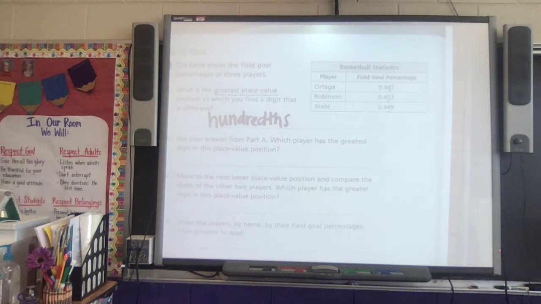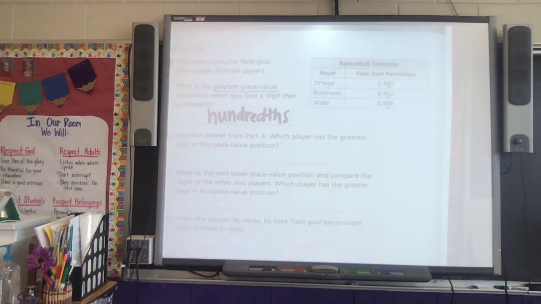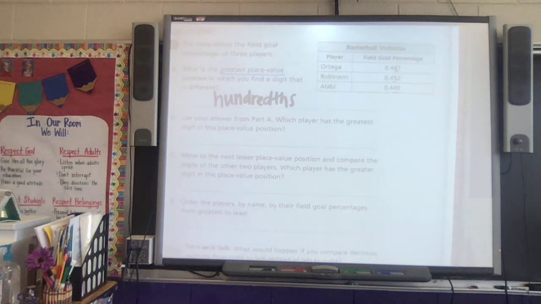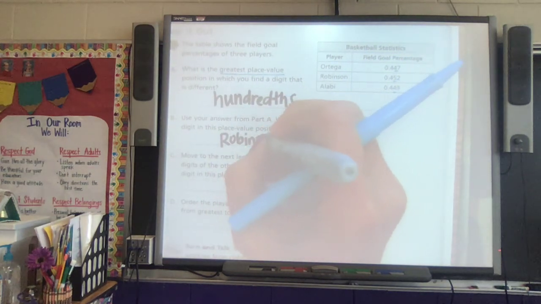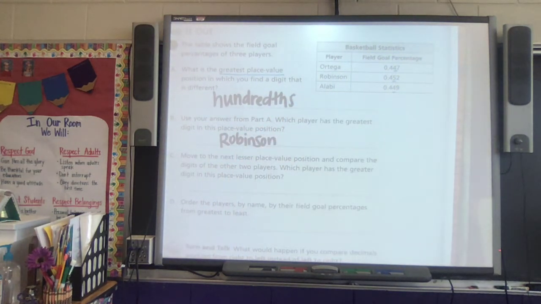Use your answer from part J. What player has the greatest digit in this place value position? Alright, let's look back. We've got a 4, a 5, and a 4. We know that 5 is greater, so it's going to be Robinson. Move to the next lesser place value and compare the digit of the other two players. Which player has the greater digit?